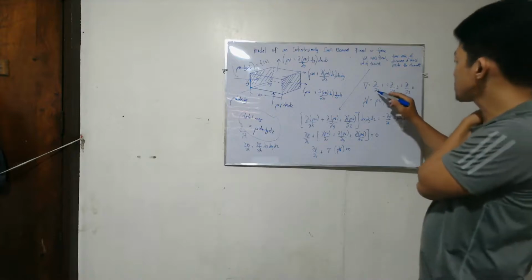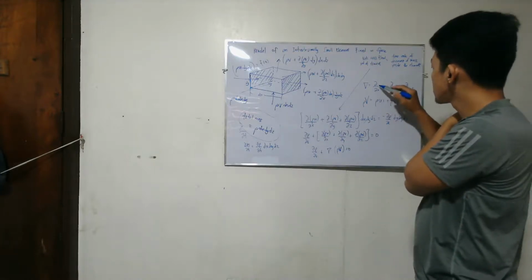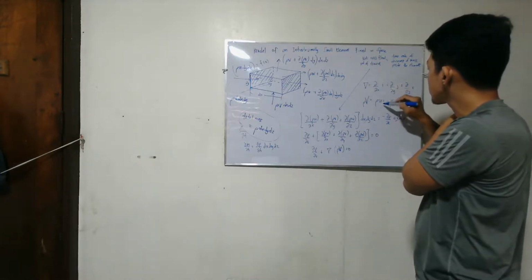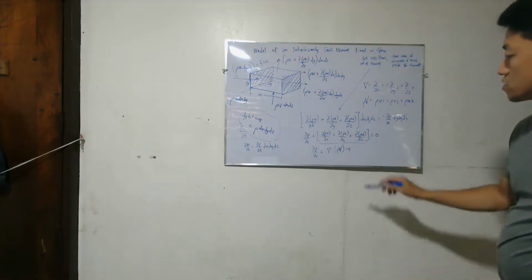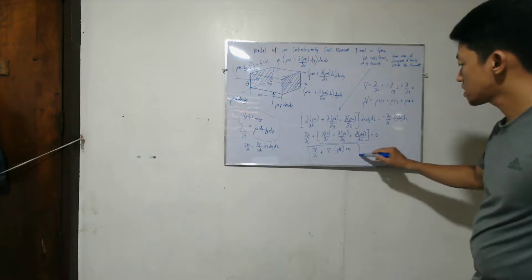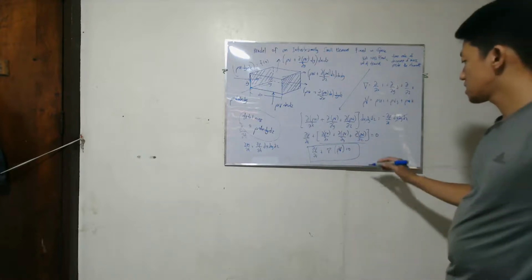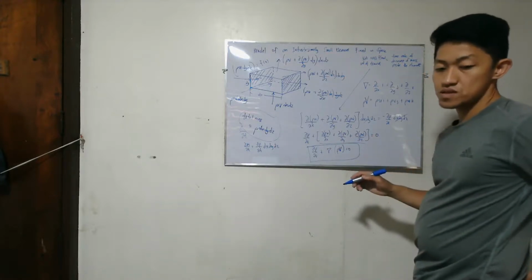So kung i-dot nimo ni karon, kani siya dot kani ang mo result. So this is the third continuity equation.